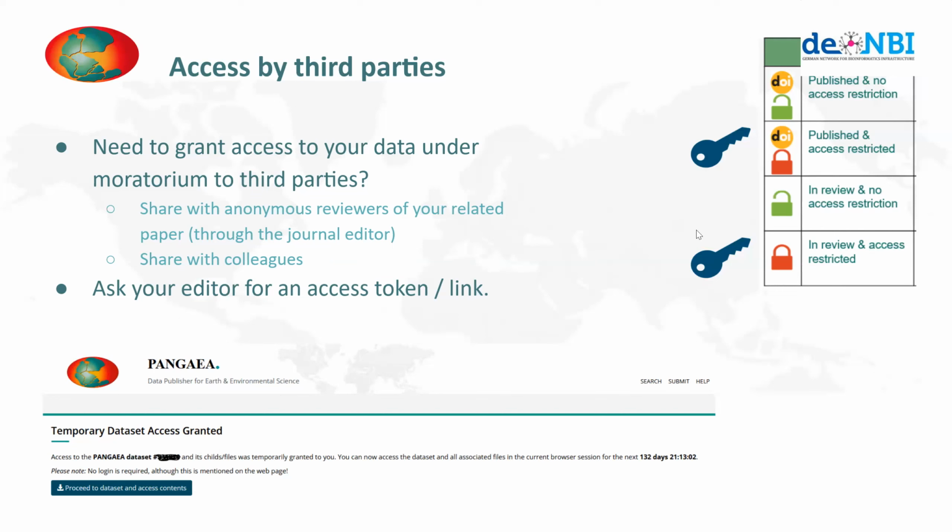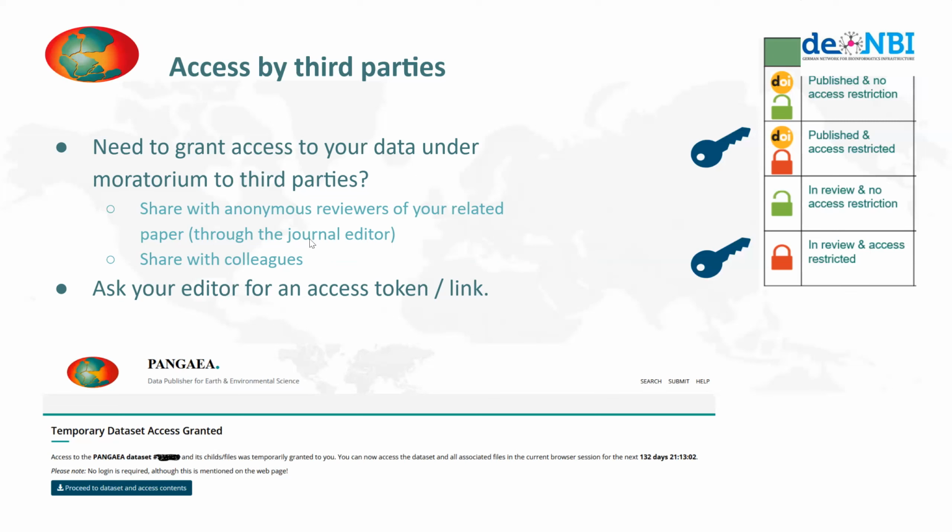This is, for example, the case if you need an anonymous link for paper reviewers or dataset reviewers. We can provide you with this token, and you, through maybe the journal editor, can pass it on to anonymous reviewers, and they can already review your data, which are otherwise not accessible to the wide public.